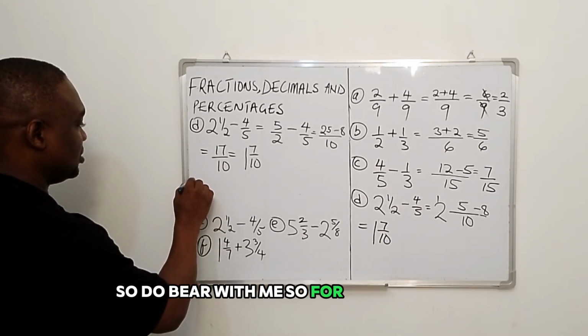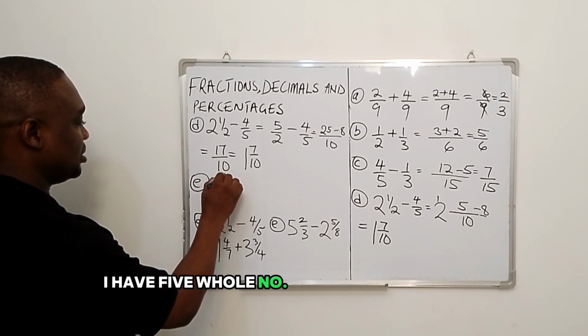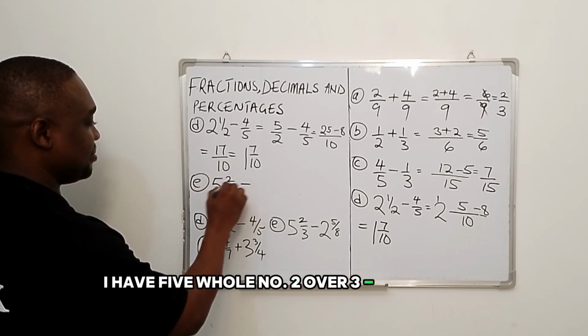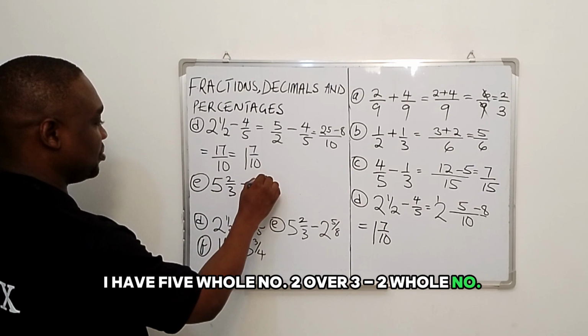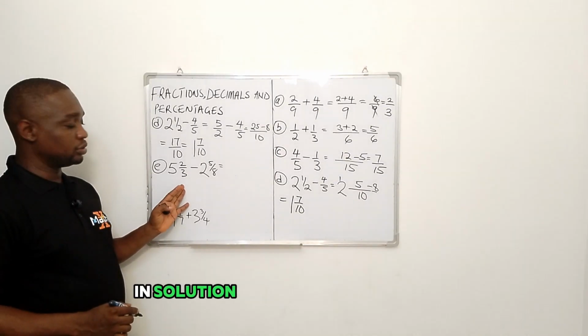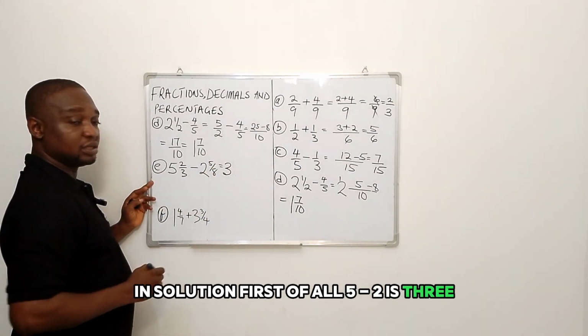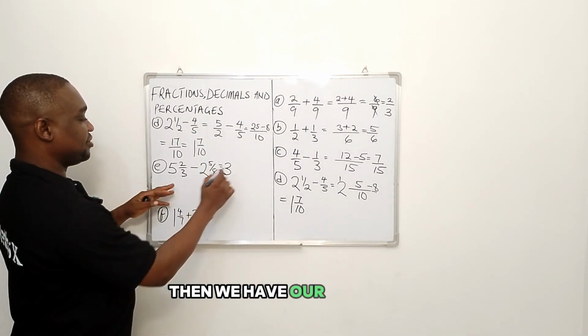For the E part, I have 5 whole number 2 over 3 minus 2 whole number 5 over 8. In solution, first of all, 5 minus 2 is 3. Then we have our LCM.